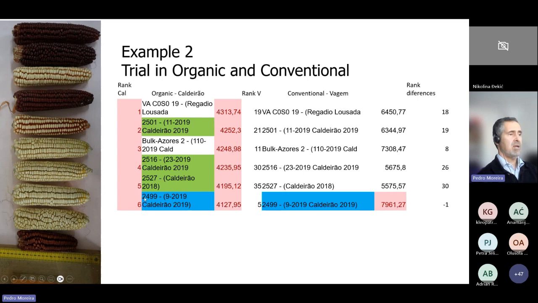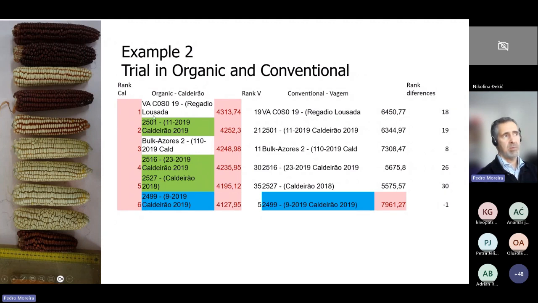For instance, this one in rank number 6 in the organic was rank number 5 in the conventional. So it means that you have here a more stable population, but in the other cases, you have a population more adapted to certain conditions.